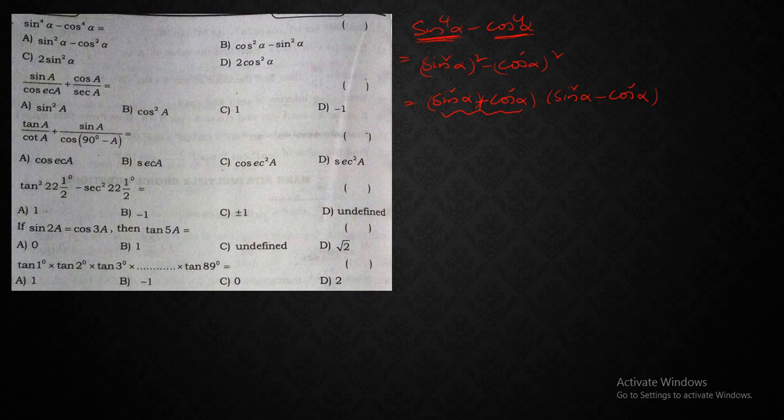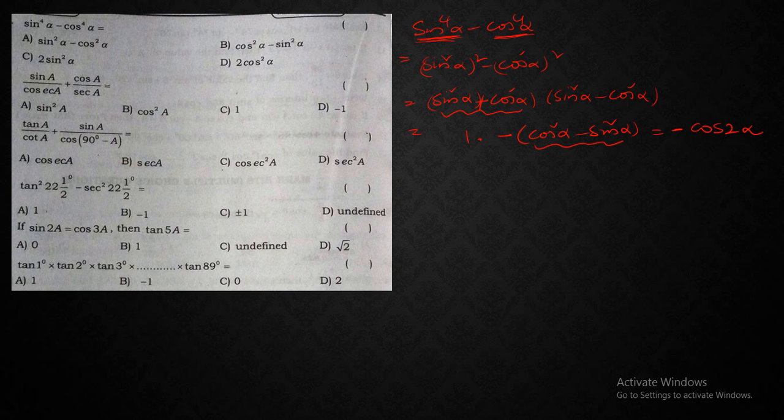Since sin square alpha plus cos square alpha is 1, this is 1 into, if I take minus as common, (cos square alpha minus sin square alpha). Cos square alpha minus sin square alpha is nothing but cos 2 alpha, the formula of cos 2 alpha. Hence the answer is minus cos 2 alpha.